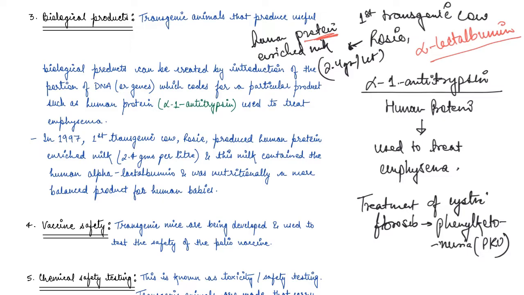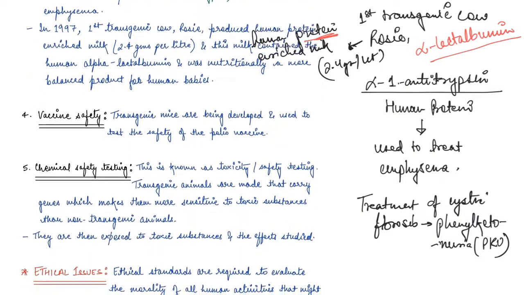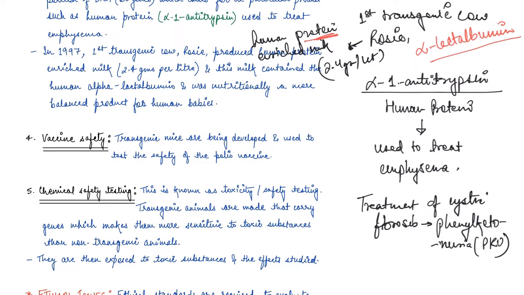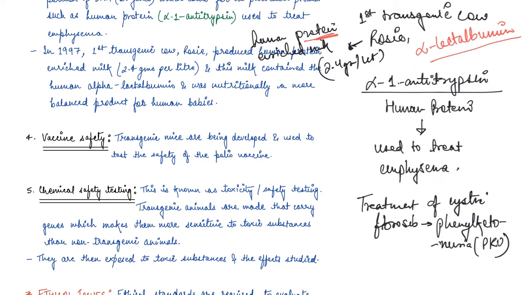Now, what is the next reason? The next reason is vaccine safety, right? So again, guys, we use transgenic mice, and these transgenic mice are basically developed for testing the safety of vaccines before we use them on humans, right?